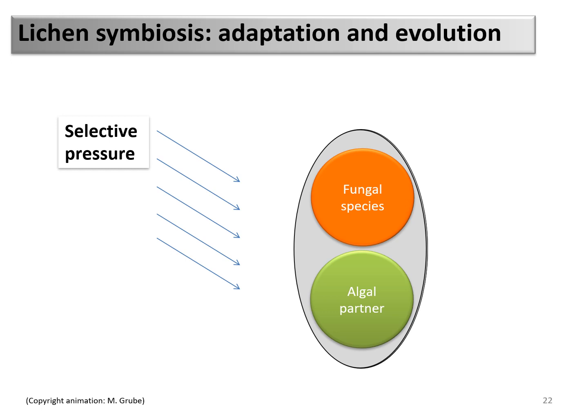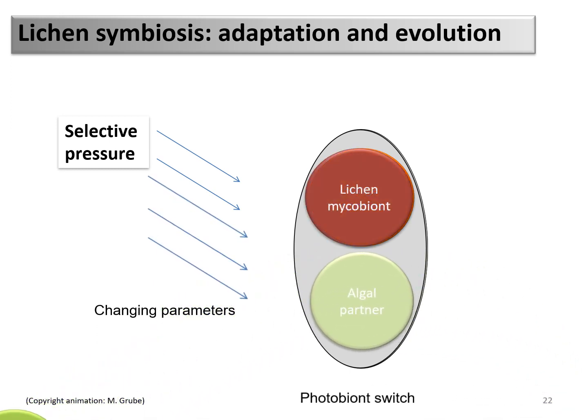Lichen symbiosis was viewed under a model of adaptive evolution considering the two main partners, the fungus, so the mycobiont, and the algal partner, the photobiont. Under, let's say, an ecological or climate change event, the lichen itself undergoes selective pressures, and in this process of adaptation, the fungus may be able to switch the photobiont partner, searching for a photobiont which is better adapted to the changing environment.